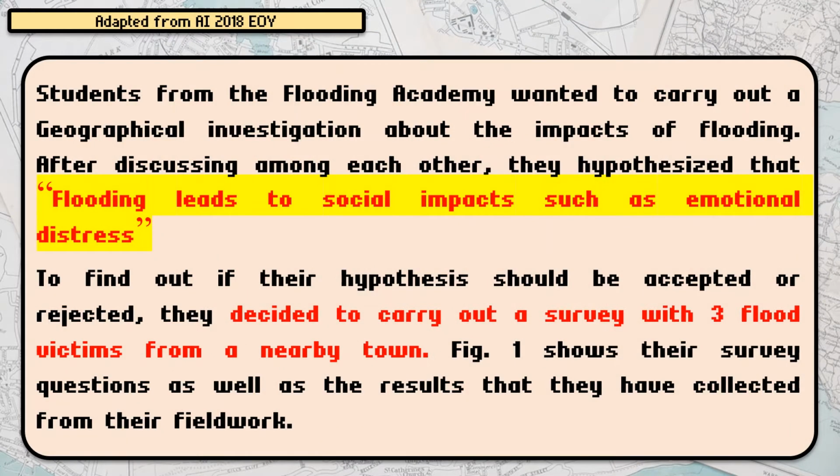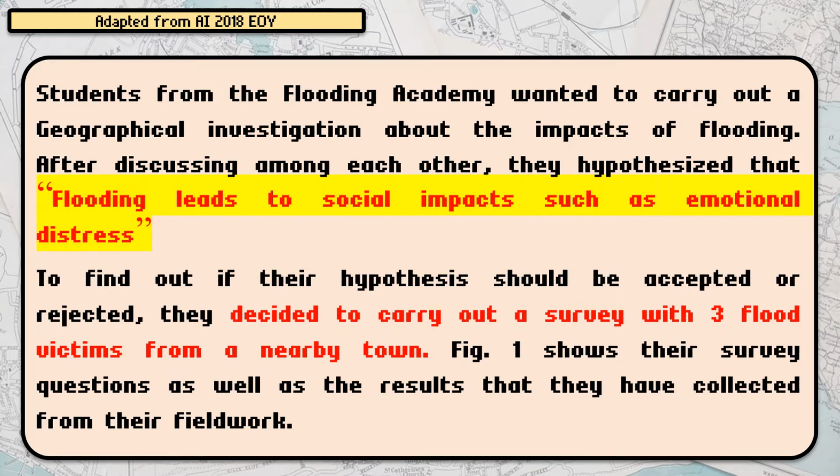Let's take a look at this question over here. Students from the Flooding Academy wanted to carry out a geographical investigation about the impacts of flooding. After discussing among each other, they hypothesized that flooding leads to social impacts such as emotional distress. To find out if their hypothesis should be accepted or rejected, they decided to carry out a survey with 3 flood victims from a nearby town.